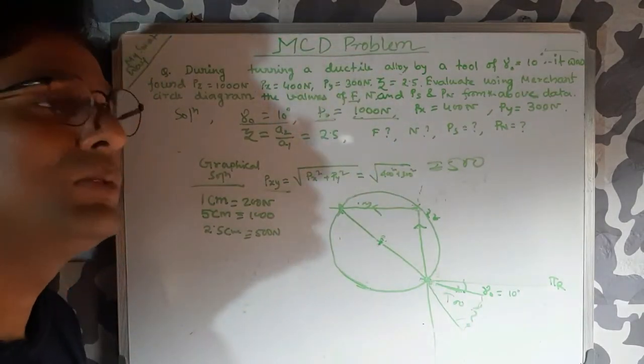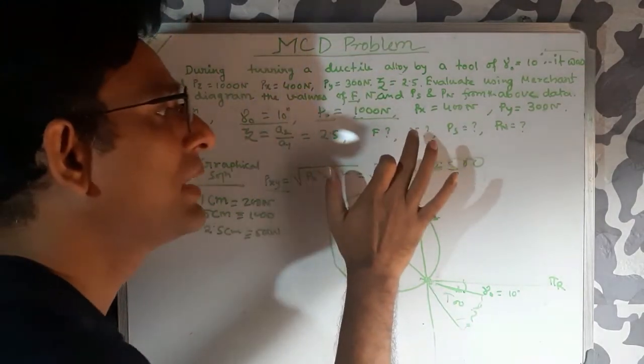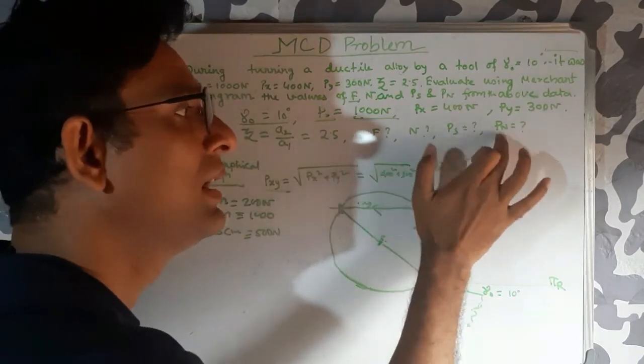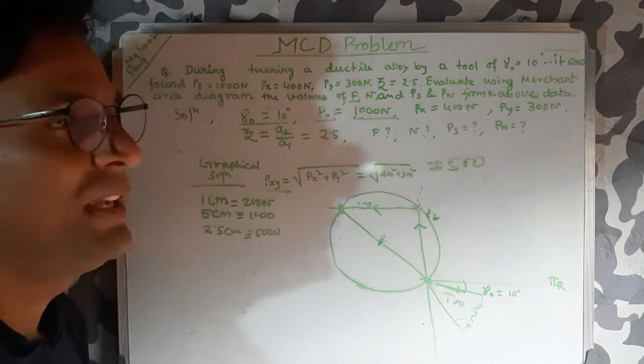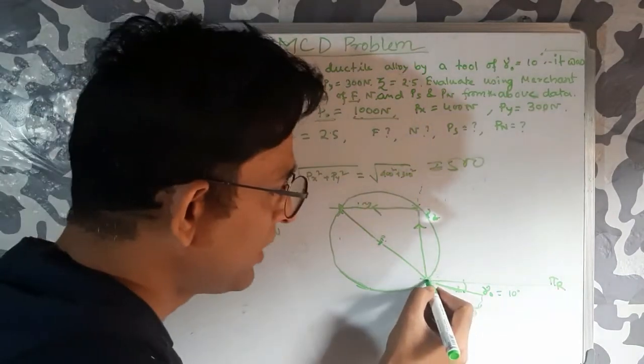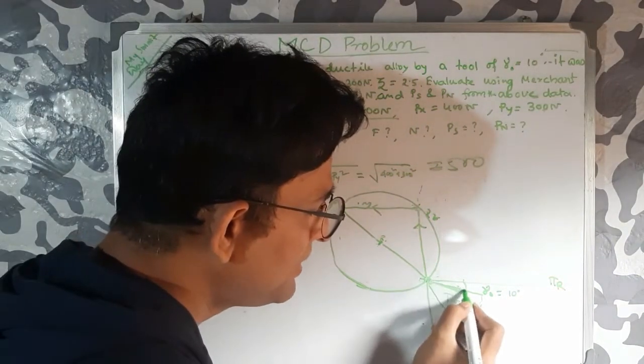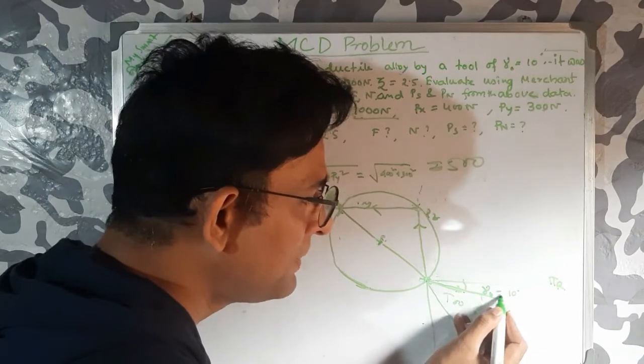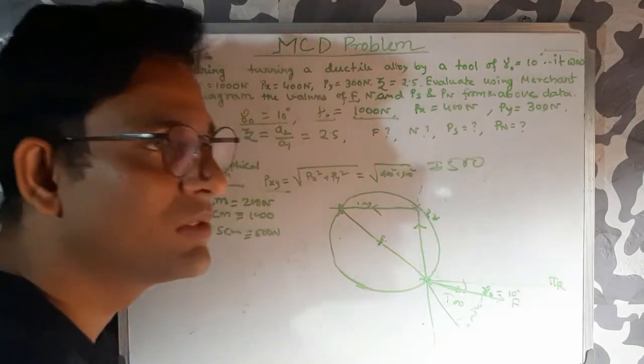Now how to calculate F, how to calculate N, how to calculate Ps, how to calculate Pn. Now from this point, see, this is the rake surface. So along the rake surface, obviously there is the frictional force acting.